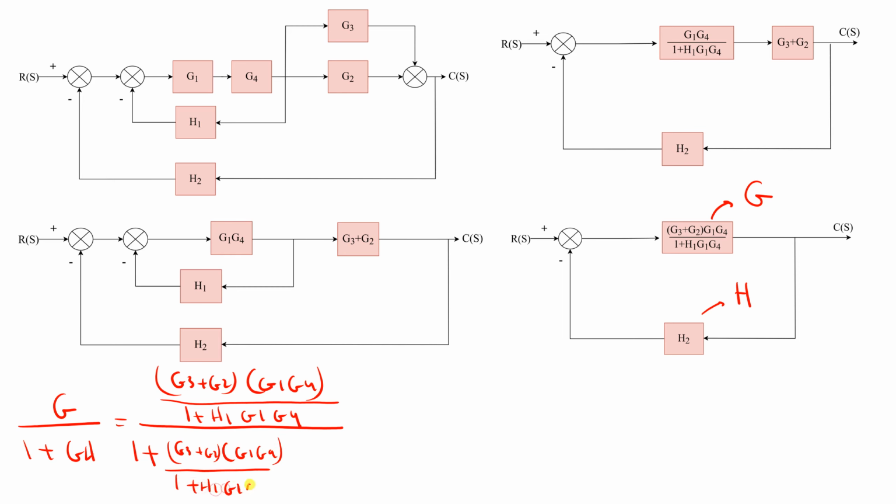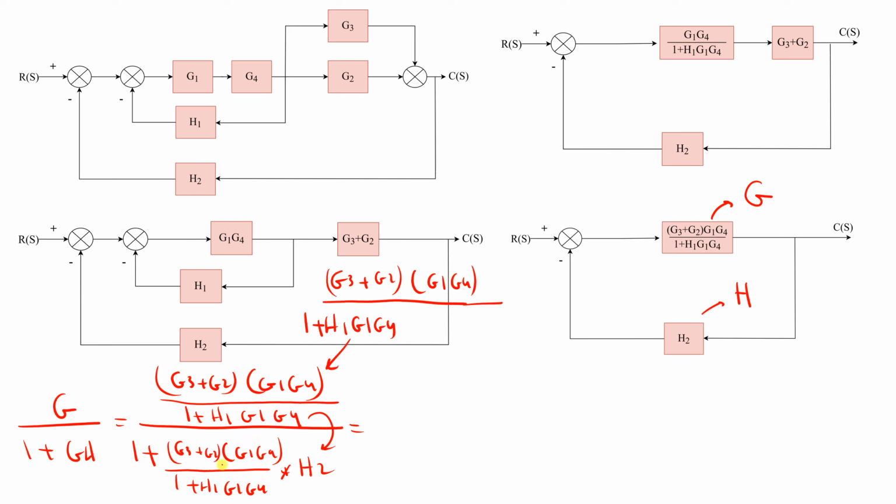H1, G1, G4 multiplied by H2, right? So if you take this down here, we will have, let's type it in this small area, G3 plus G2, this numerator part, divided by 1 plus, take this multiplied by 1, and this multiplied by the second factor.